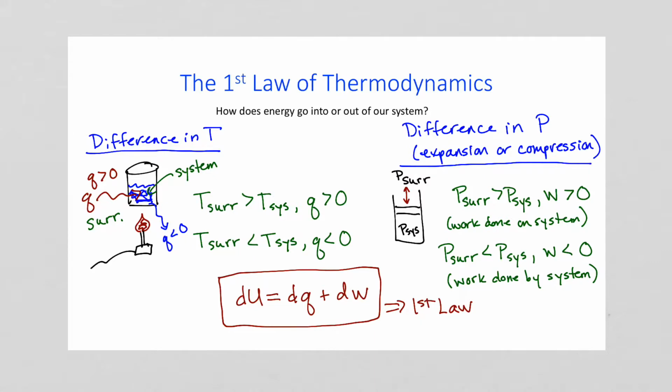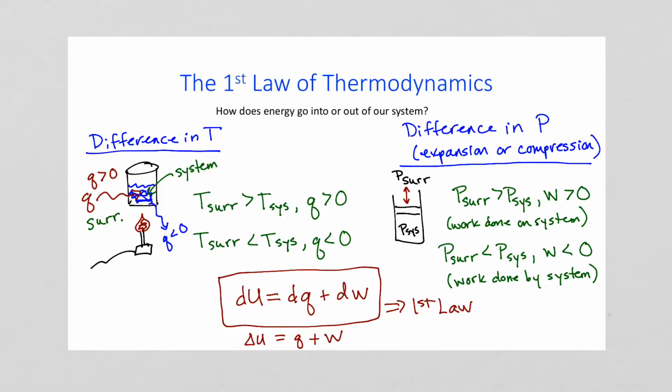Now, if the changes in your system are large enough, so if you get large changes in heat or large changes in work, then we can modify our equation and say delta U is equal to Q plus W. Same thing, just on a different scale.